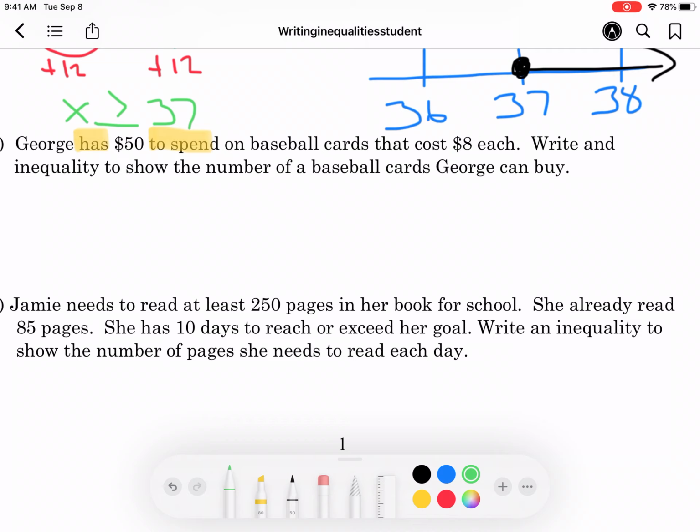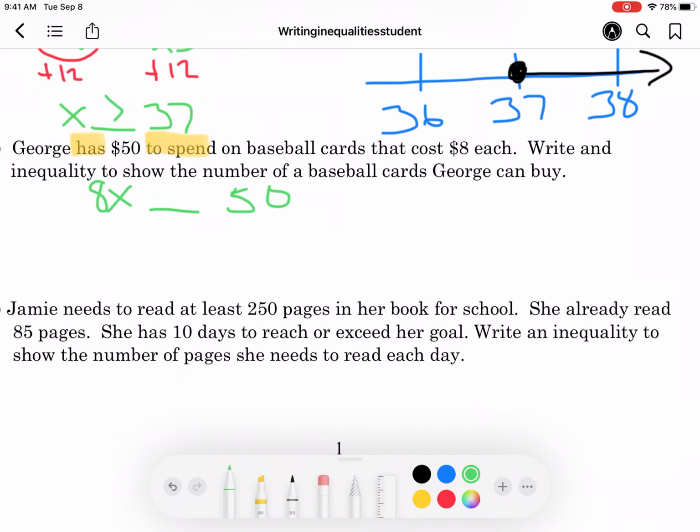So let's write that. So he has 8. They cost $8 each. Remember that per, that tells you it's multiplication. Okay. And he can spend up to 50. Can he spend 50? Yes. Can he spend more than 50? No, because he doesn't have any more than 50, does he? Okay. So again, now it's a one-step equation. We divide by 8. And we're left with x is equal to 6.2, not equal to, I'm sorry.